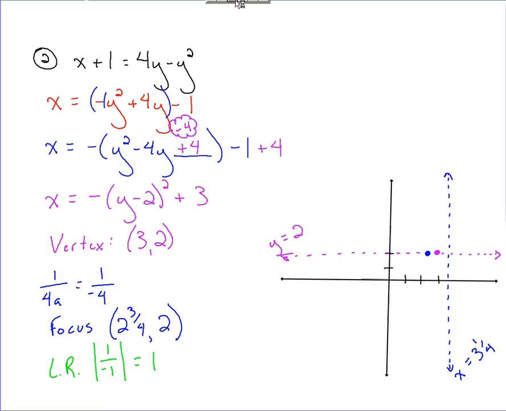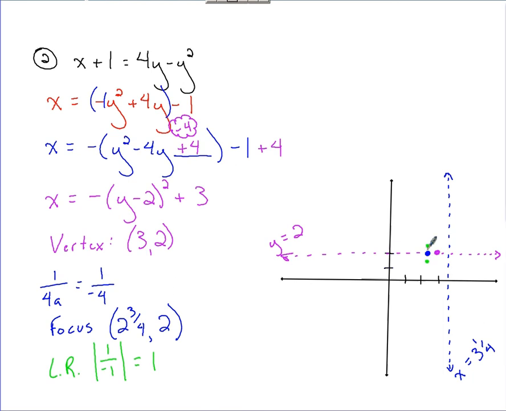So the latus rectum, as I mentioned on the last one, that's going to be the length of the segment that I can draw through the focus that is parallel to the directrix. The focus is going to serve as the midpoint of the latus rectum. So since the length of the latus rectum is 1, I'm going to go a half unit each direction.